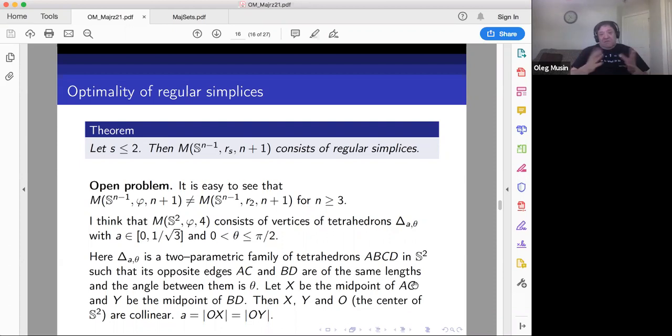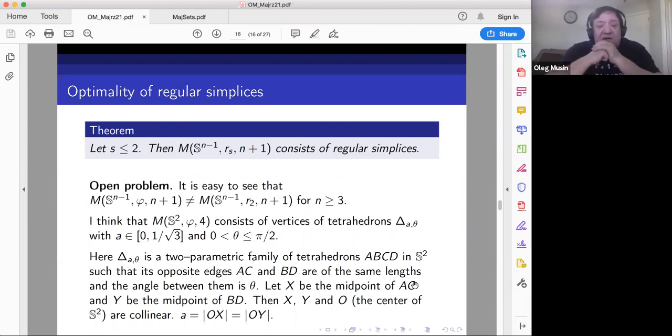That means, if you have the 2-sphere in 3 dimensions, we have 4 points, and it will be the vertices of a regular tetrahedron.